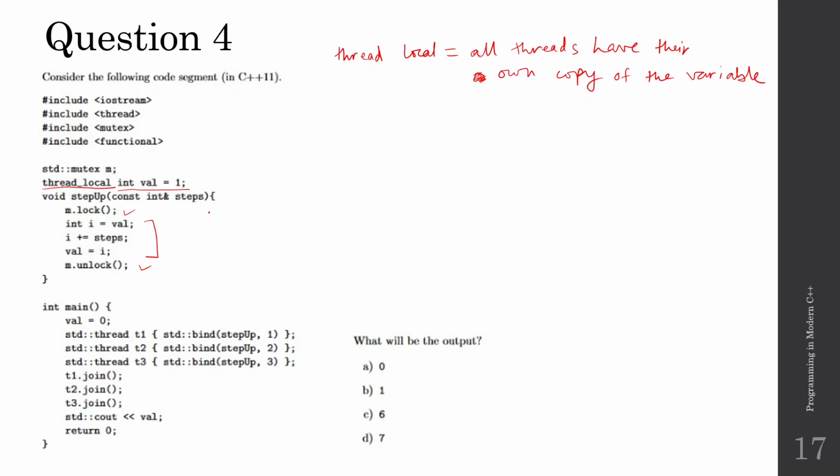This means that if we are creating three threads, they will have separate copies of val. And also note that your main function is also a thread, the default thread.